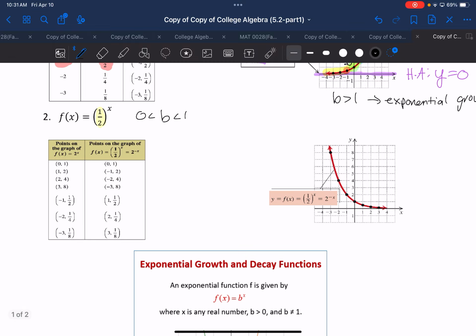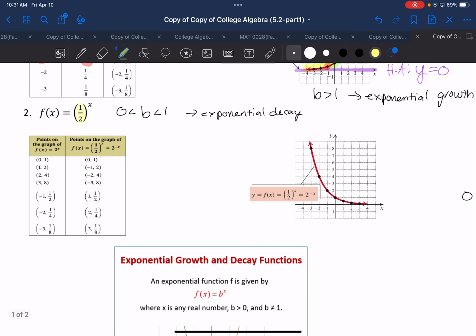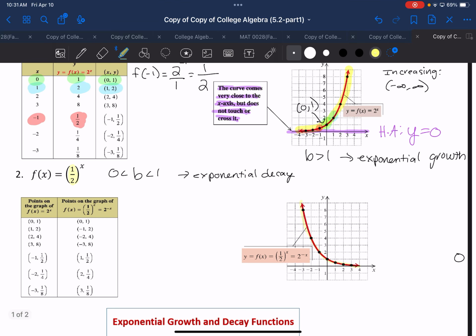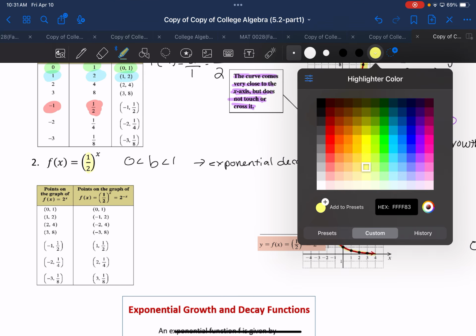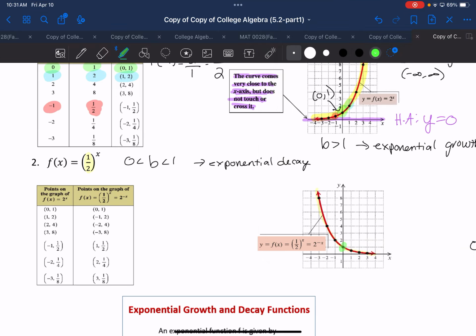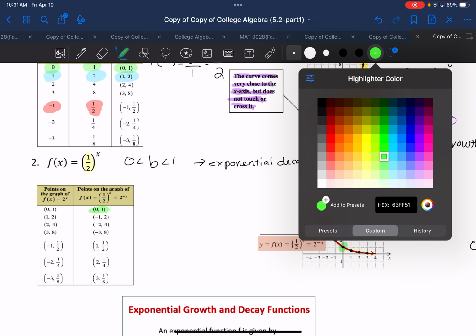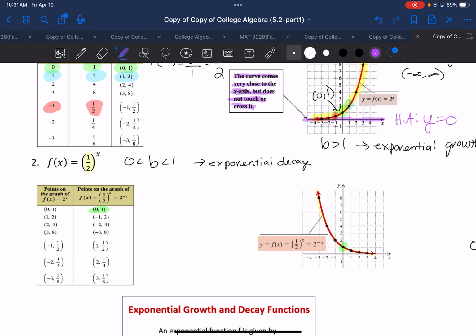So when this is the case, we would have an exponential decay. And that's why the graph is decreasing from left to right. But the other properties are actually the same. It still goes through the point (0, 1), and it still has a horizontal asymptote at y equals 0.